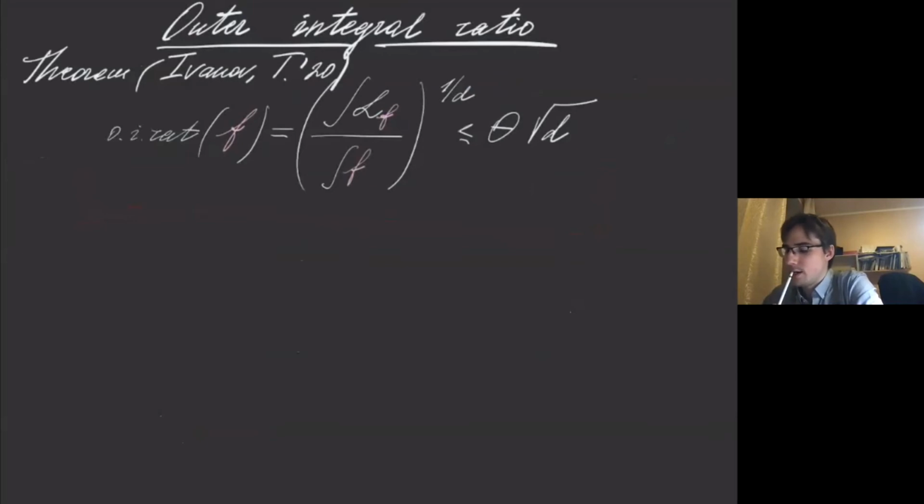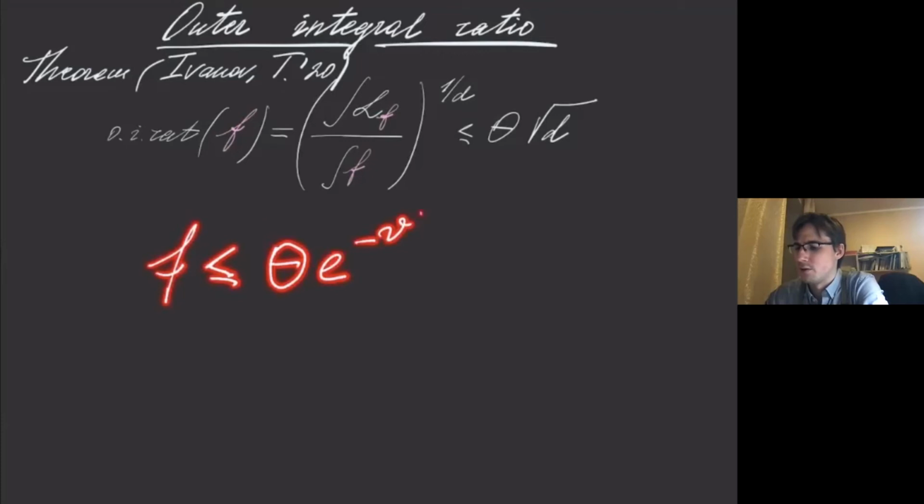Well, it's not a secret that any log-concave function f can be bounded from above by a function of this form. I mean that for any log-concave function f, you can find some constants theta and v such that this inequality holds. And an interesting thing is to try to find this upper bound that is of minimal integral.